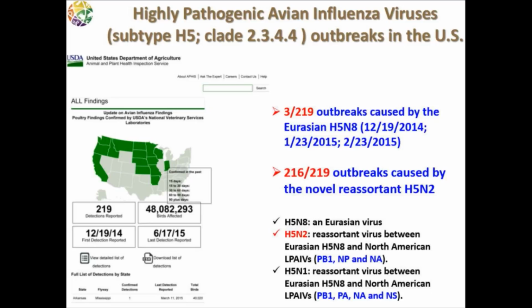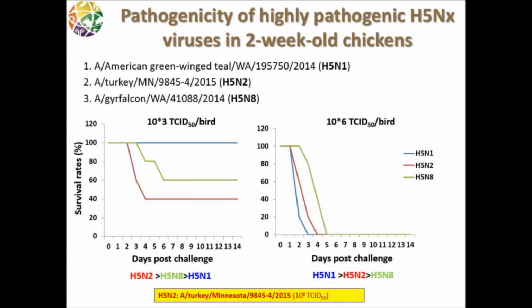As soon as these strains became available from USDA, we acquired them and did a study to compare the pathogenicity of all 3 strains. We enrolled 6 groups of chickens in the study: 3 groups we challenged with a high dose of each of these strains, and 3 groups we infected with a low dose.